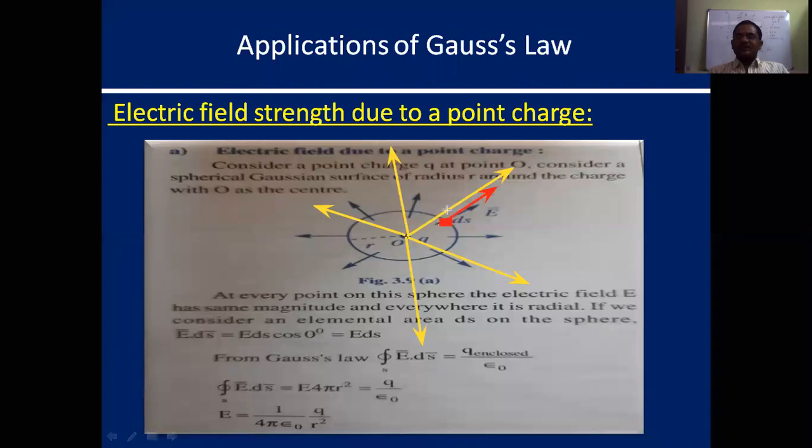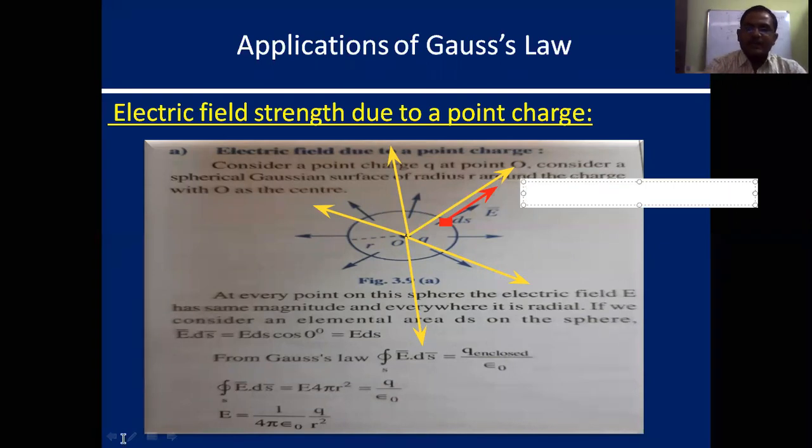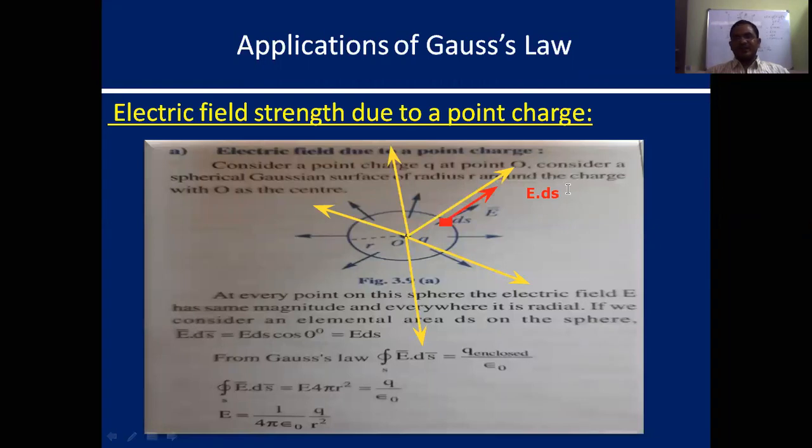Then the electric flux through the small area element we write as E bar dot ds bar. That we represent with d phi. D phi equals E bar dot ds bar.